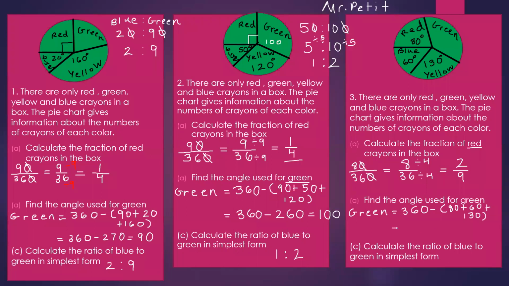It's going to be equal to 360 minus 80 plus 60 plus 130. What's that? 270. 270 is correct. And what is 360 minus 270? 90.